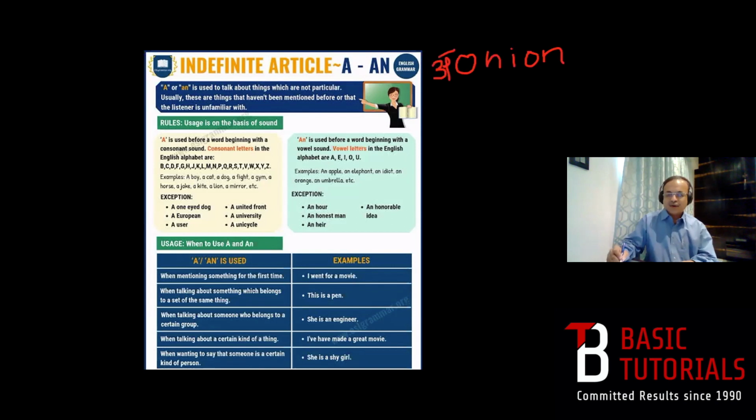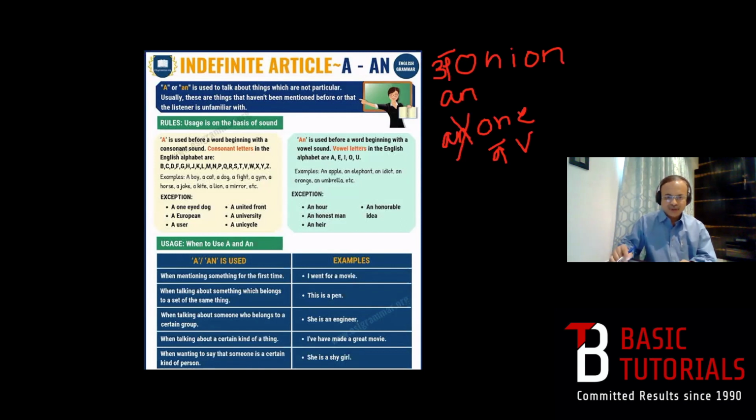Since it's an onion sound, you should write an onion. But then, if you see the word one, it is pronounced as "wun". W is a consonant sound. Therefore, you never write an one, but it has to be a one. So is that clear? A one-eyed dog.